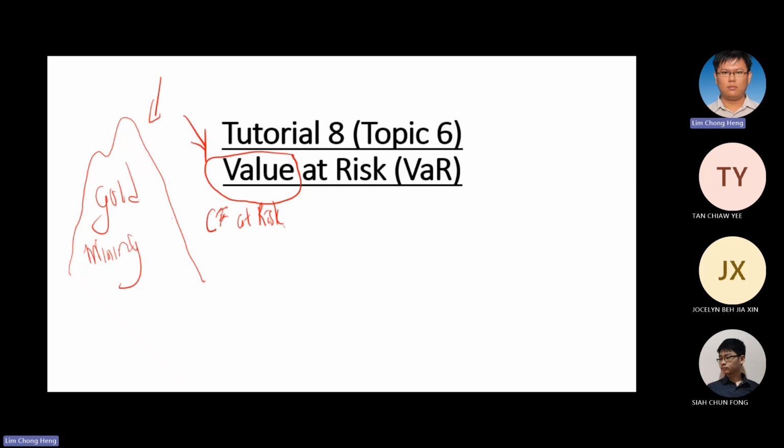Okay, simple. The limitation of VAR is that if you have an asset or business activity that has value but you are unable to measure the value, then you can use an alternative. Instead of value at risk, you can find the cash flow at risk or price at risk. Okay, this is the concept of VAR, the advantage and the limitation of VAR.